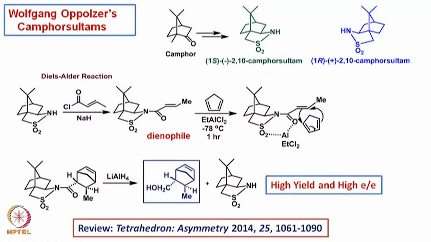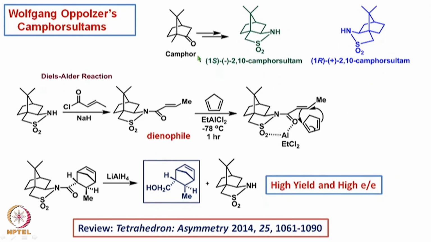Then at the same time, Wolfgang Oppolzer in Switzerland introduced camphorsultams as interesting chiral auxiliaries. The camphorsultams look like this, which is 1S-(-)-2,10-camphorsultam, or like this, which is 1R-(+)-2,10-camphorsultam.